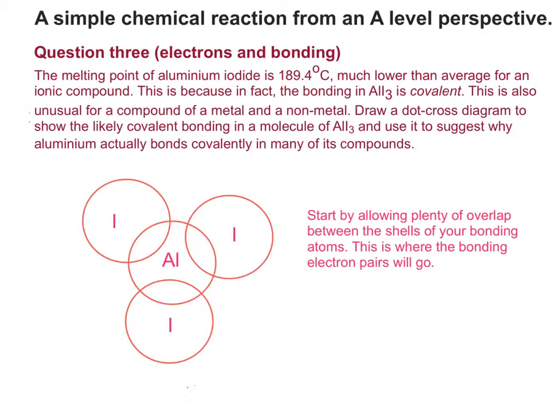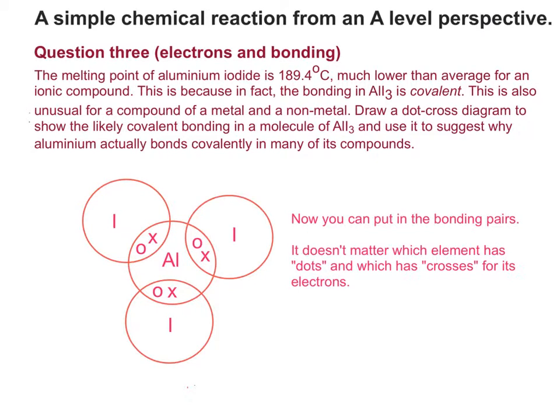So it's a good idea to start off by allowing plenty of overlap between the shells of your bonding atoms, because this place is where the bonding electron pairs will go. So once you've put in the bonding pairs, you've dealt with having the covalent bonds in your diagram. It doesn't really matter whether aluminium has the dots or aluminium has the crosses. What you've now got to do is decide.